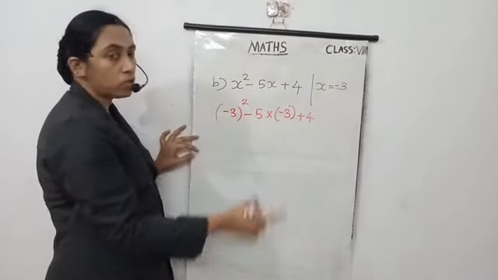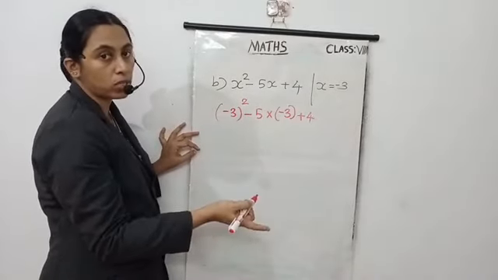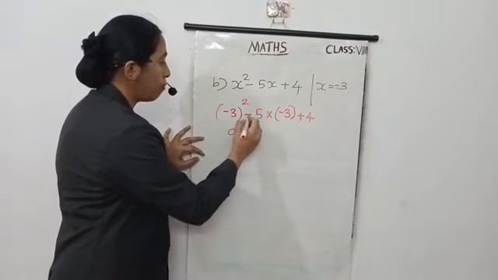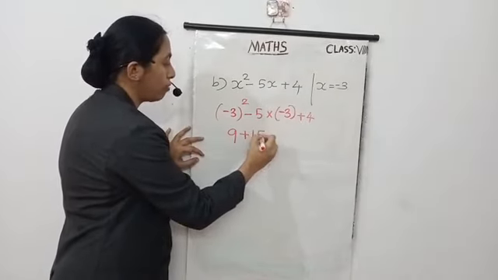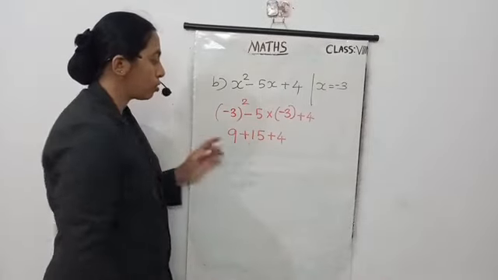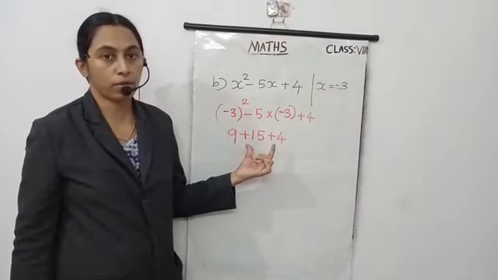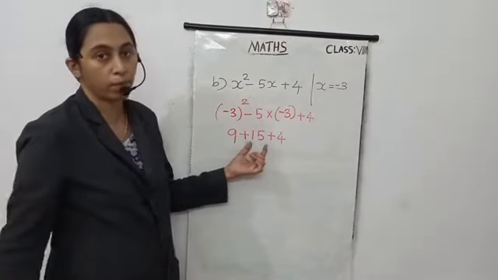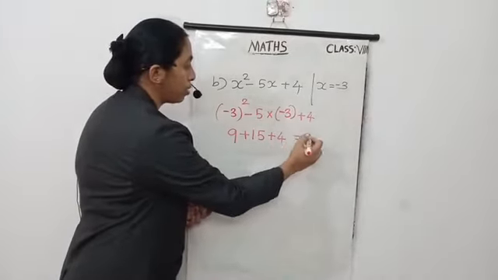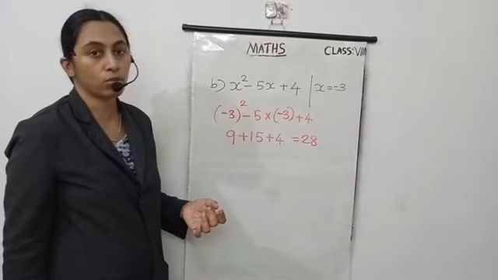Okay. Now minus 3 square is minus 3 into minus 3, plus 9. Minus into minus plus, 5 into 3, 15, plus 4. So 9 plus 4 is 13. 13 plus 15 we get 28. So the correct answer is 28.